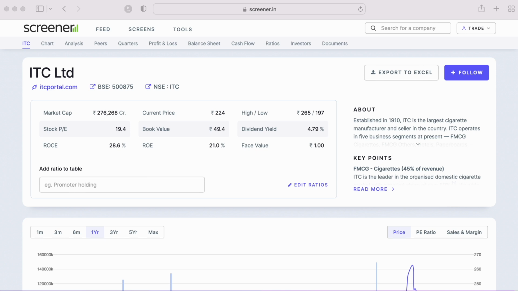The concept is very simple. All we have to do is go to the Screener website and search for the company. We want to analyze ITC Limited, so we have that open here. The good thing about Screener is it allows you to add certain ratios.